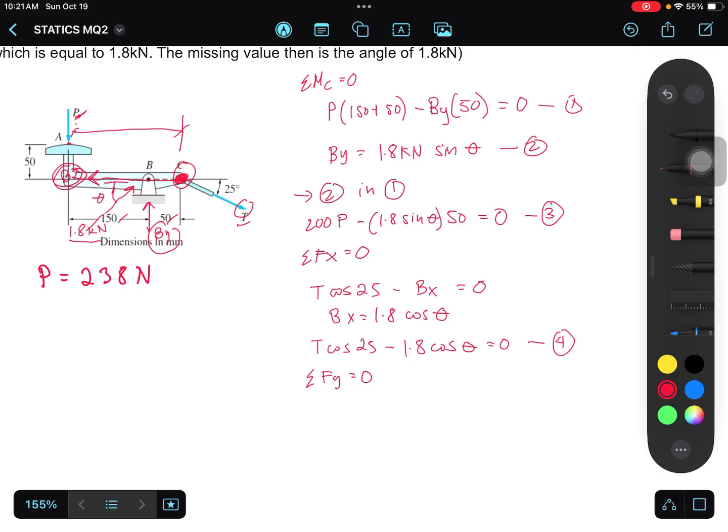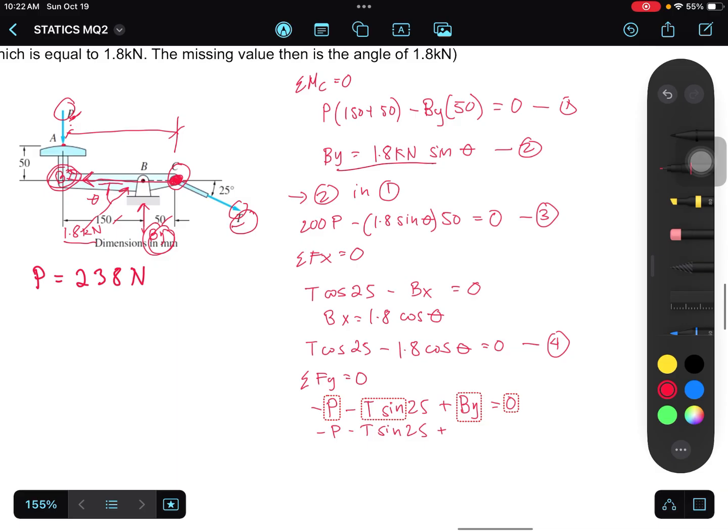Summation of y naman. Summation of y, ano ang mga may y? Of course, it's T, Dy, and vertical component ng T. Going down si P, so negative P. Going down si T, sine 25, going up si By. And remember, By is ito din. So, substitute natin. Plus, what is By? It is 1.8.